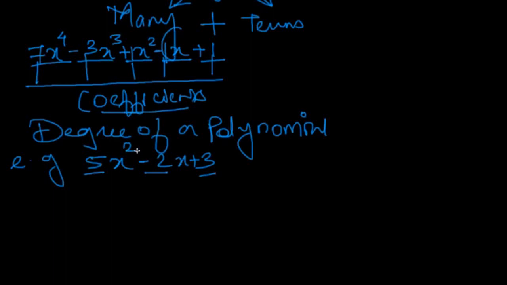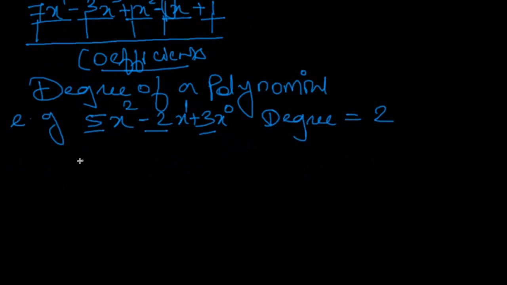Here the variable x is carrying a power of 2, here the power of the variable is 1, and here the variable is not present, so we can consider it as x raised to 0. So you can see that the powers are 2, 1 and 0. The highest amongst the three is 2, so we can say that the degree of the polynomial in this case is equal to 2. So it's nothing but the highest power of your polynomial expression.